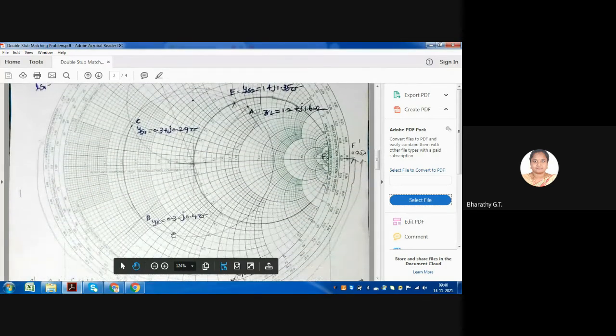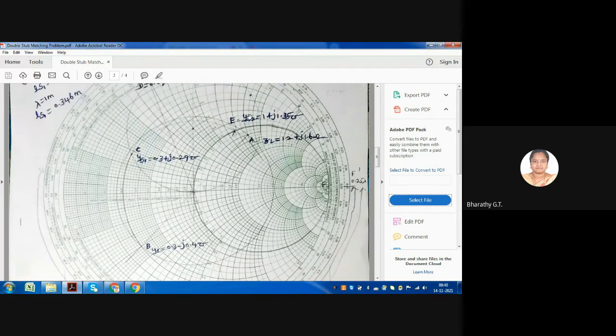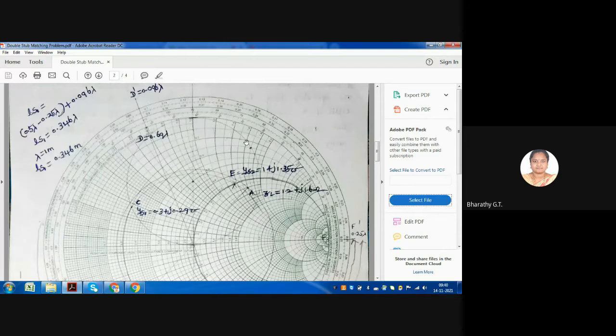First you have to mark the point A. A is nothing but the normalized load impedance, which is 1.2 plus j1.6. You have to check this 1.2 circle and this 1.6 curve.